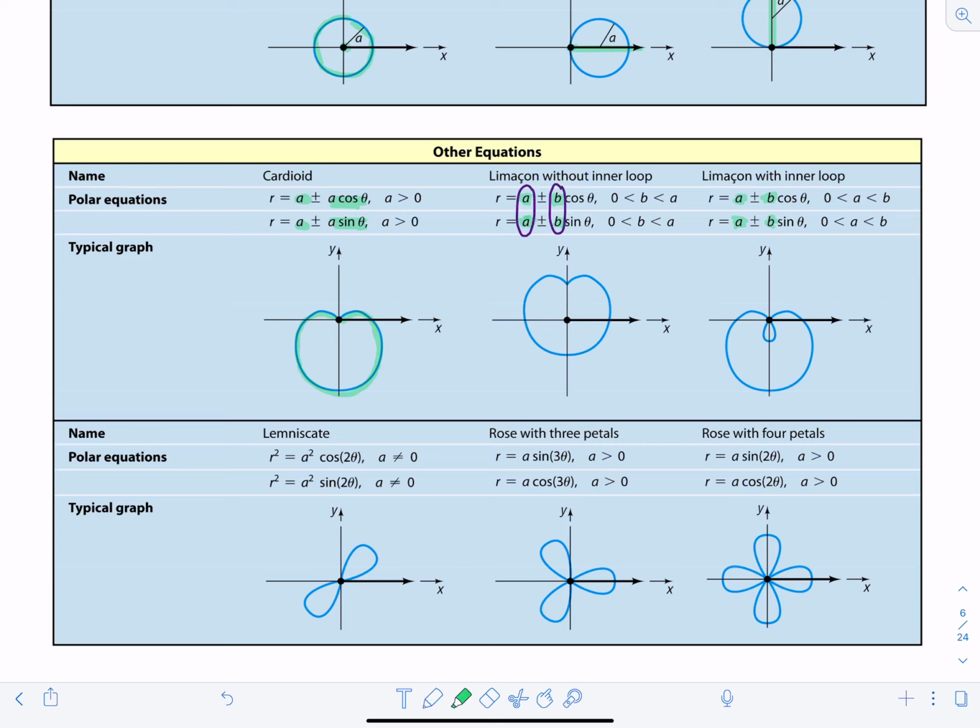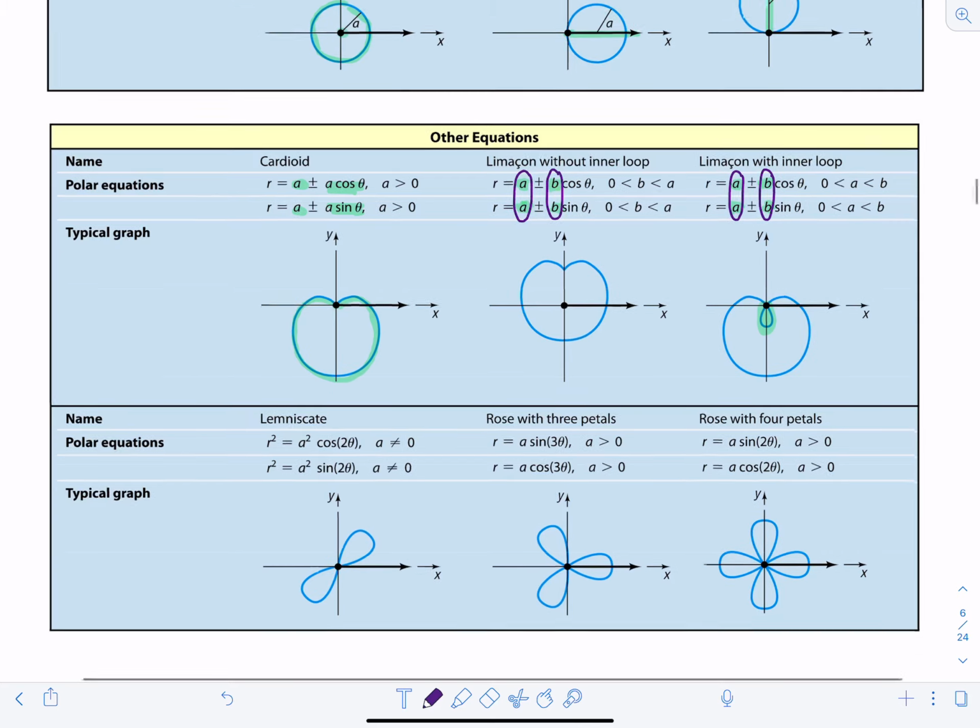There's this cute little inner loop here when this constant a is less than b, okay? So just keep those straight. It's helpful if you know what the graph should turn out to be looking like before you start trying to make your graph, because it'll just give you a good guide.